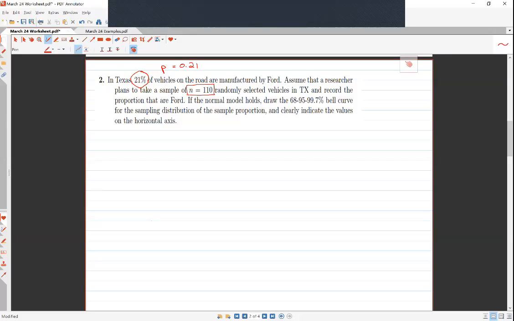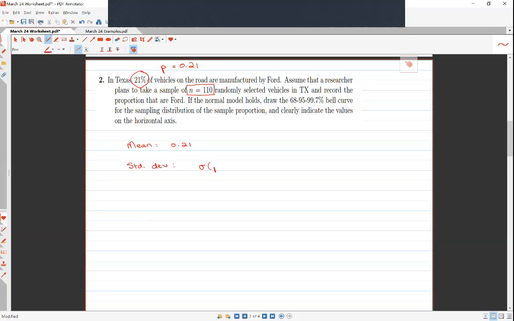So what we immediately know, for that normal model or for that bell curve, the mean is going to be the 21%. And the standard deviation, we have to calculate that.